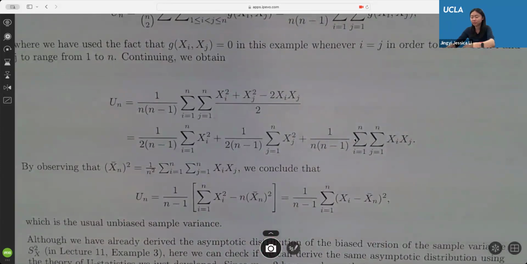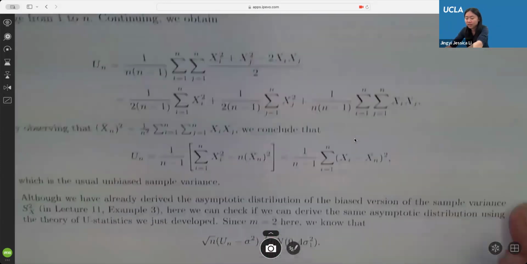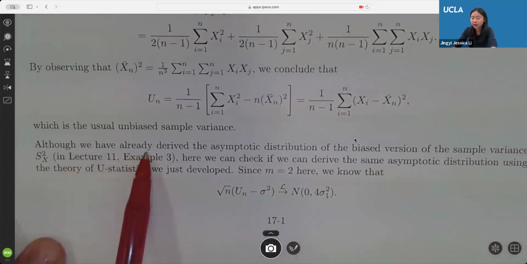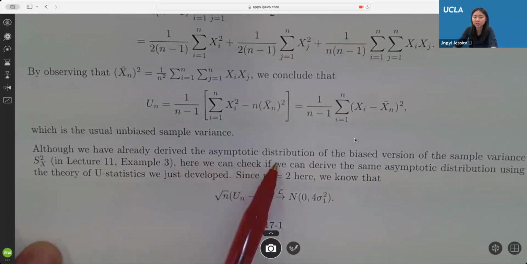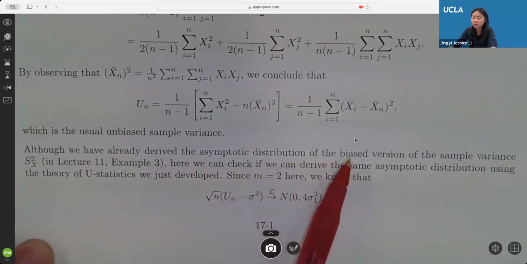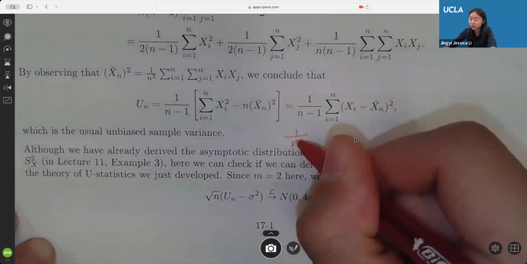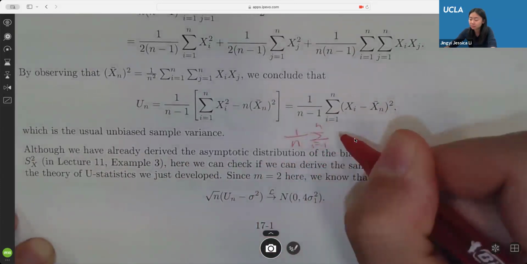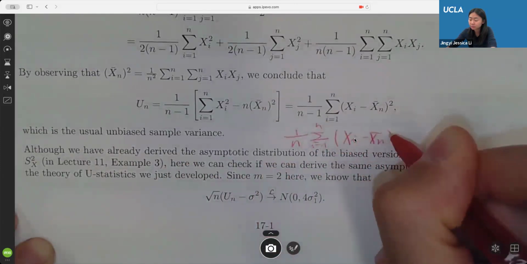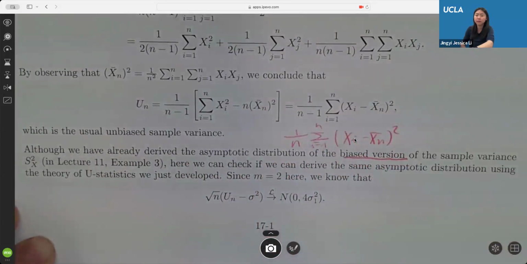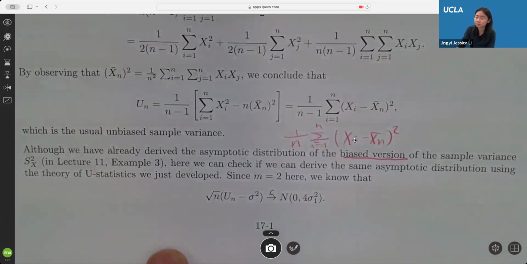And you can see that although we have already derived the asymptotic distribution of the biased version of the sample variance, the 1 over n version, in the previous lecture, here we can check that by using the general U statistic asymptotic theory, we get the same asymptotic distribution as before.